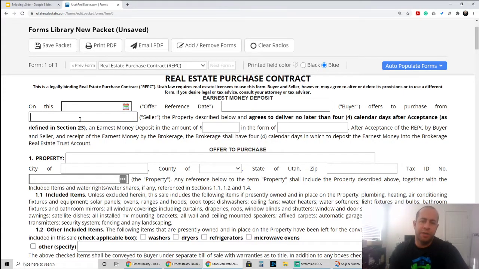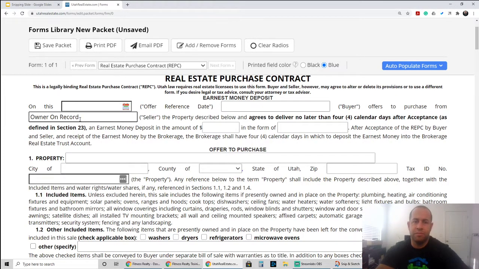When you get to the seller side, instead of going and hunting down who the seller is, which sometimes is wrong on title and just hasn't updated in the county records, I like to put "owner on record." The reason why I like to do owner on record is it's a catch-all for whoever owns this piece of property.